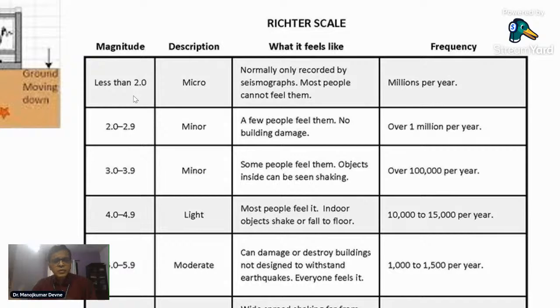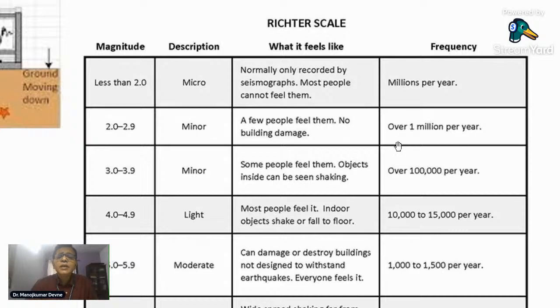Many times you just hear a sound somewhere and you don't know where it came from. That sound goes thadam, and many times it's obviously some industrial activity happening somewhere, but at times it happens from the interiors also, but it hardly disturbs anything on the surface, and that's why they're called micro level, and you have millions happening per year.